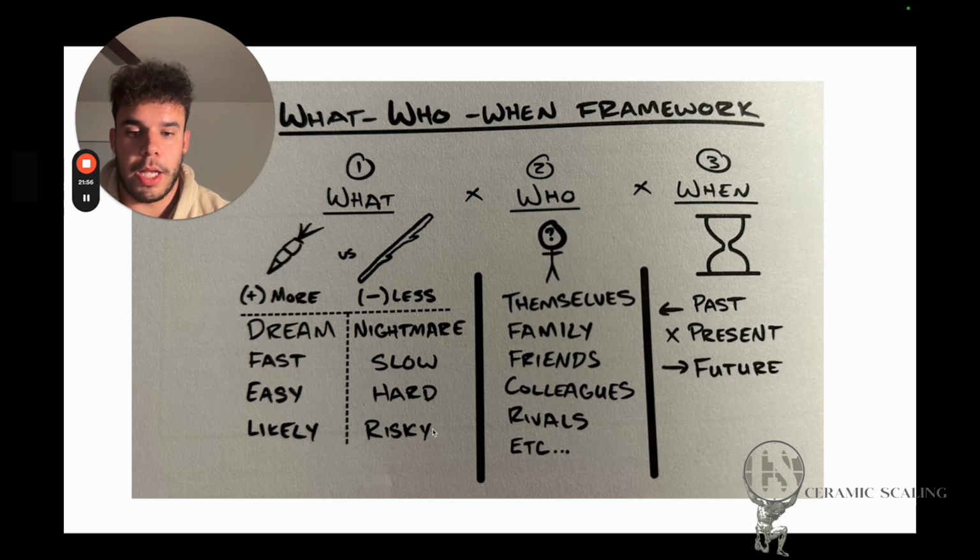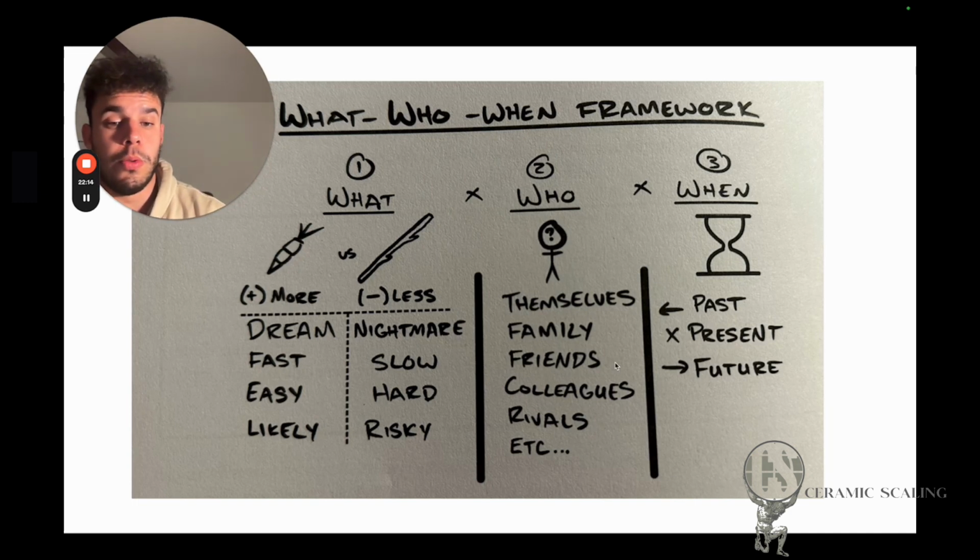Or if they don't get their paint corrected and get a ceramic coat, how risky it is for them going forward to get their car in a worse condition, right? And you can do that with this side too, how likely they are to get the outcome that they desire.